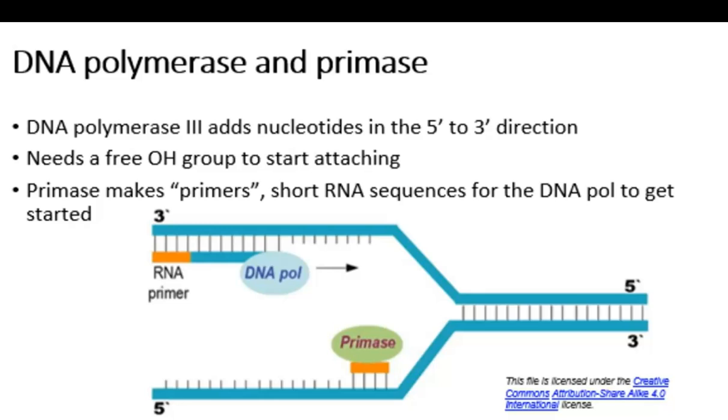The enzyme that actually makes primers we call primase. So primase is the enzyme that can make primers, and these are small RNA sequences that, with their help, the DNA polymerase 3 can get started.